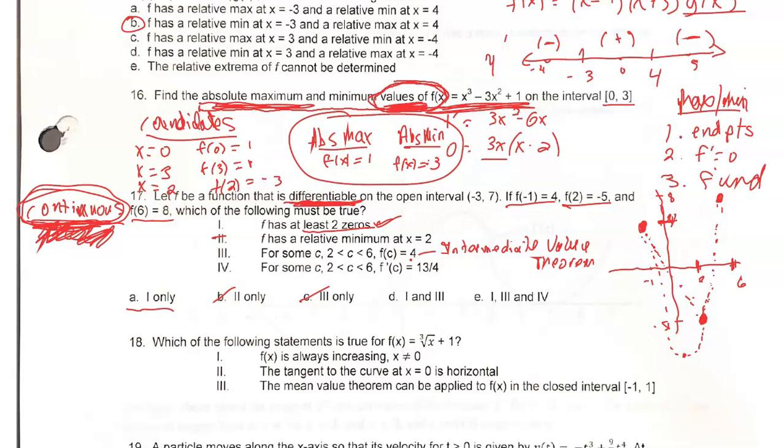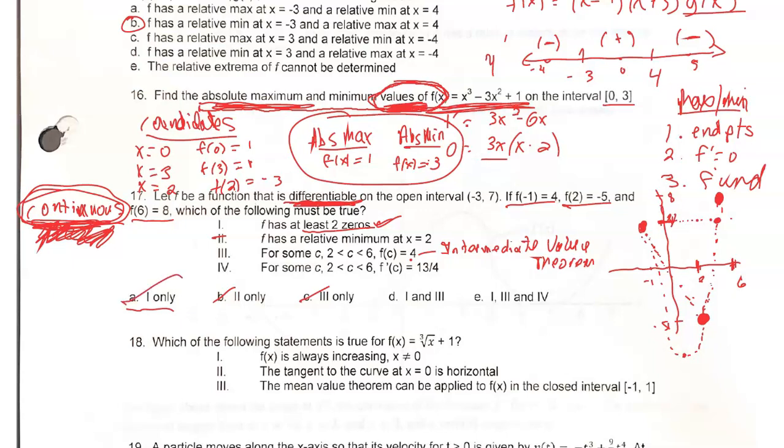So if here's my value at 2, here is my value at 6, there is no way I could have skipped over this value at 4. That's the intermediate value theorem. It's really just logic, you don't even have to think about it much, but there is a fancy name for it. It's called the intermediate value theorem. So number 3 has to be true.